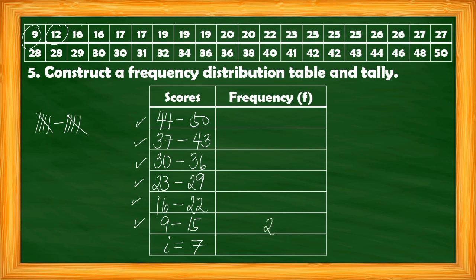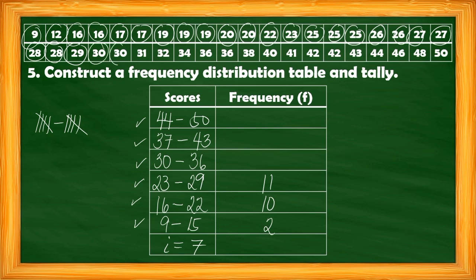16 to 22. So, 1, 2, 3, 4, 5, 6, 7, 8, 9, 10. So, meron tayong 10. And then, for 23 to 29, so 1, 2, 3, 4, 5, 6, 7, 8, 9, 10, 11. So, meron tayong 11. Next, we have 30 to 36.